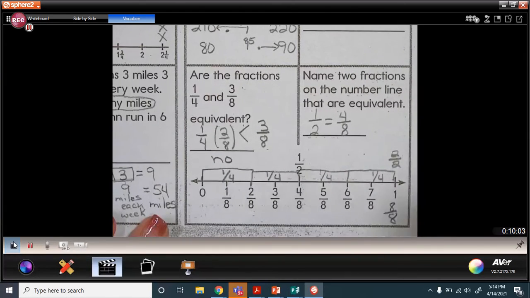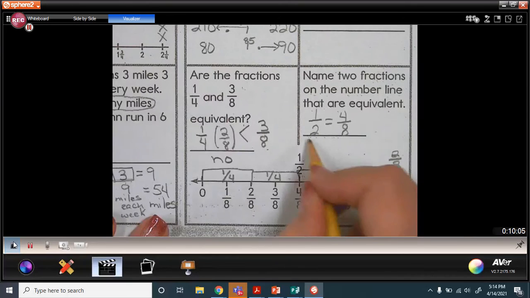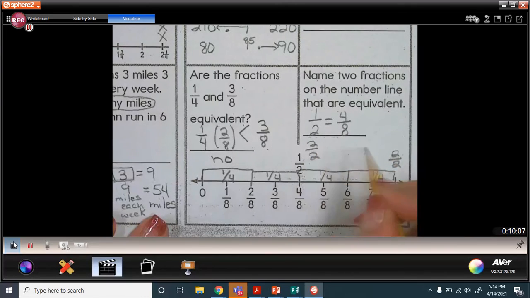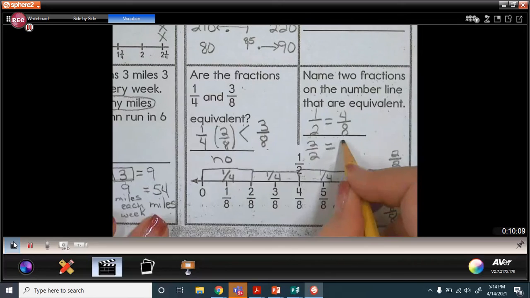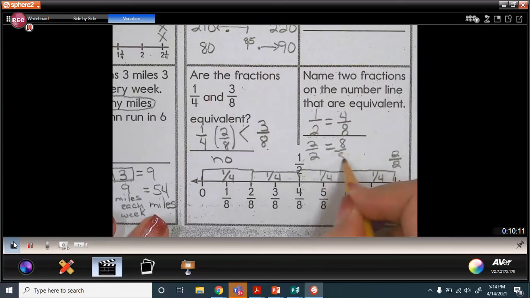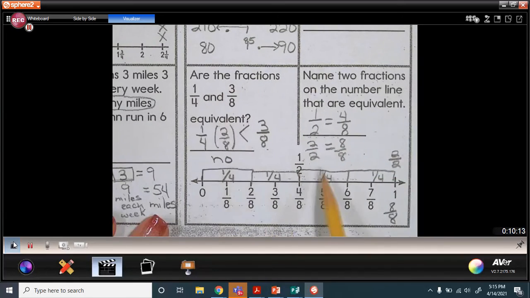That's another possibility. But they're talking about here, what do you see equivalent? You could also say 1/4 is equal to 2/8. You could say 2/4 is equal to 4/8. There are many possibilities. But we know that 1/4 is less than 3/8. So they are not equivalent.